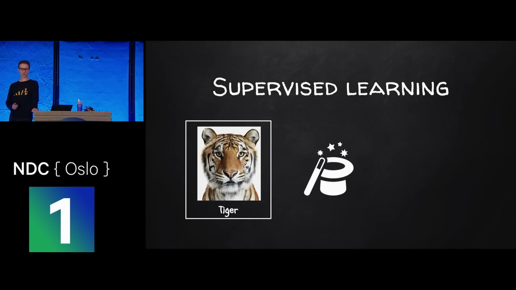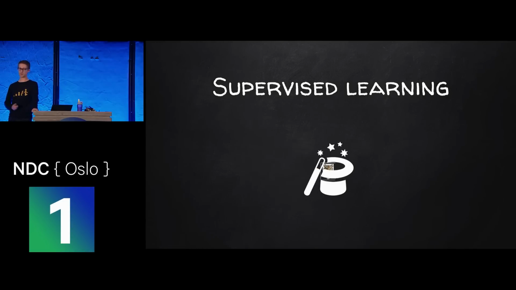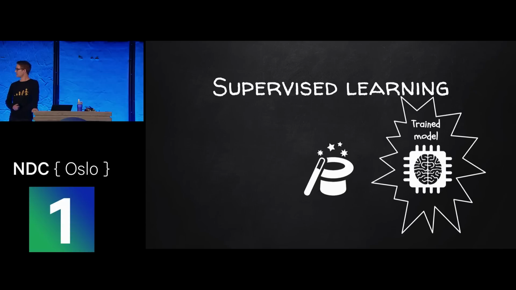And we need a lot of sample data. So let's collect a lot of sample data and put it into a magic algorithm. A lot of data. Then this algorithm calculates for a while, and out comes our trained machine learning model.